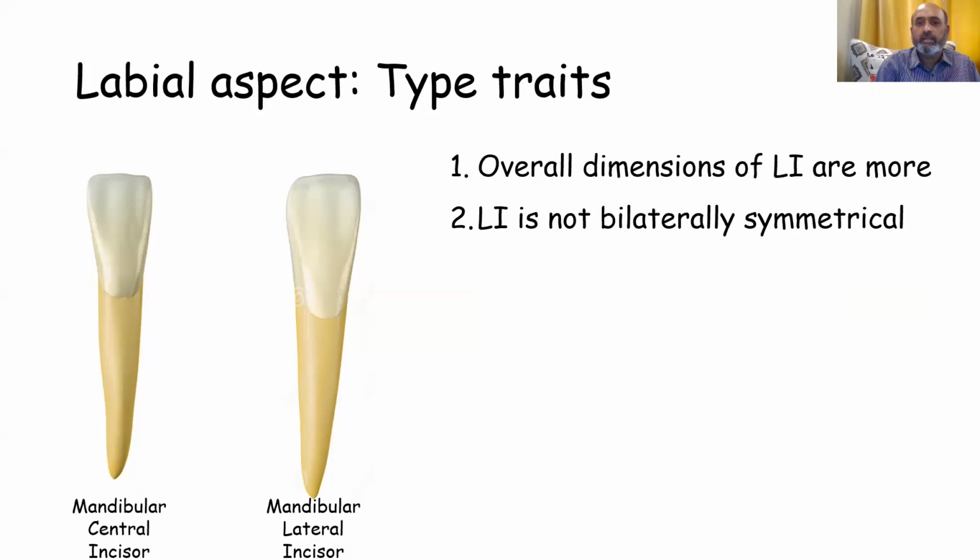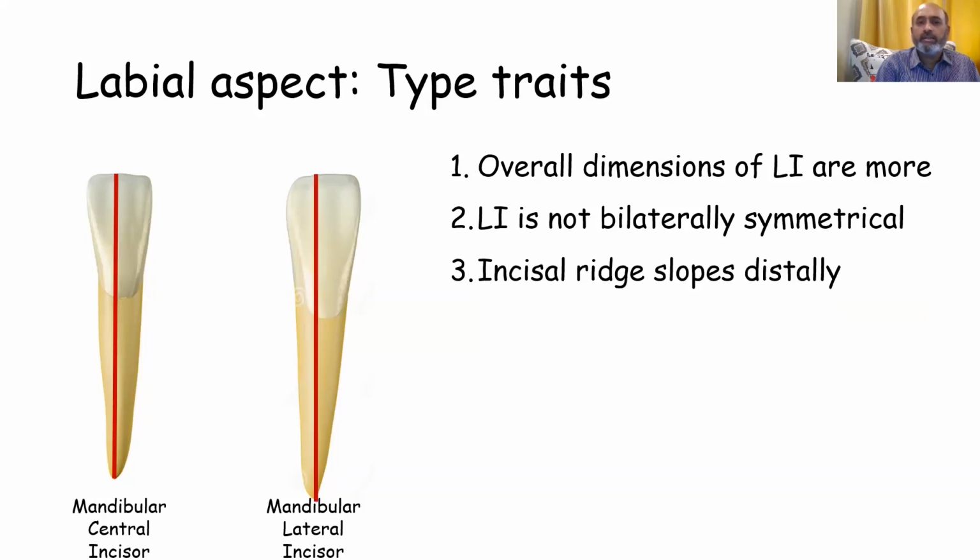The lateral incisor is not bilaterally symmetrical, a feature that we saw with the central incisor. So when we look at the right and the left side, it is not bilaterally symmetrical as seen in the central incisors. The incisal ridge is sloping in a distal direction, unlike in the central incisor where it was at a 90-degree angle, where it was straight.